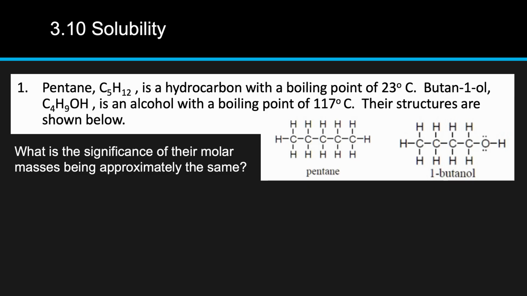So if it's telling us that they're about the same size, it's giving us a hint like, okay, these London dispersion forces are going to be about the same in both of these molecules, so don't focus on that. So the answer to this question would be the significance of the molar masses being nearly the same is that the difference in boiling point cannot be attributed to London dispersion forces.